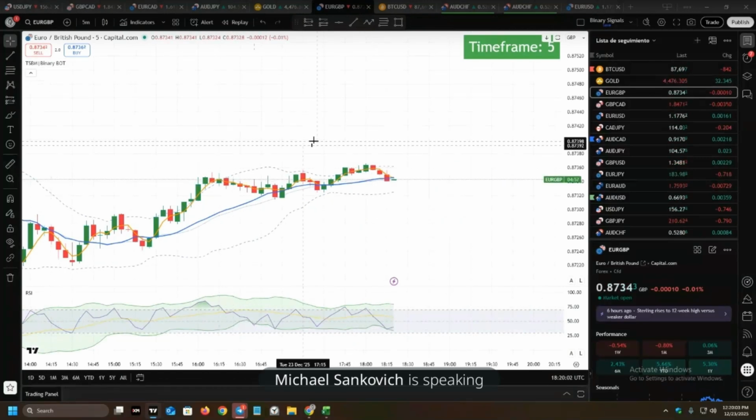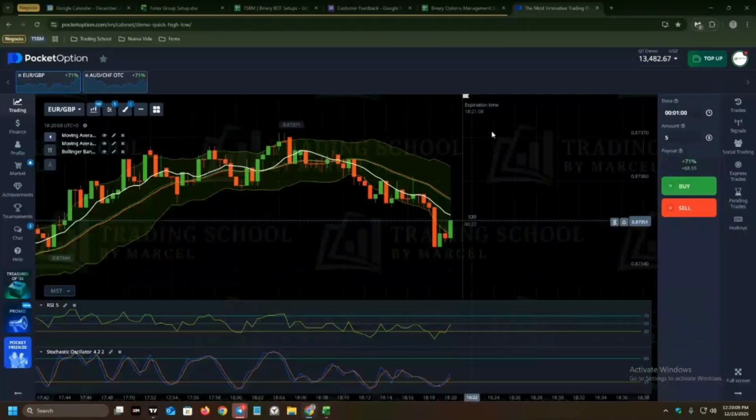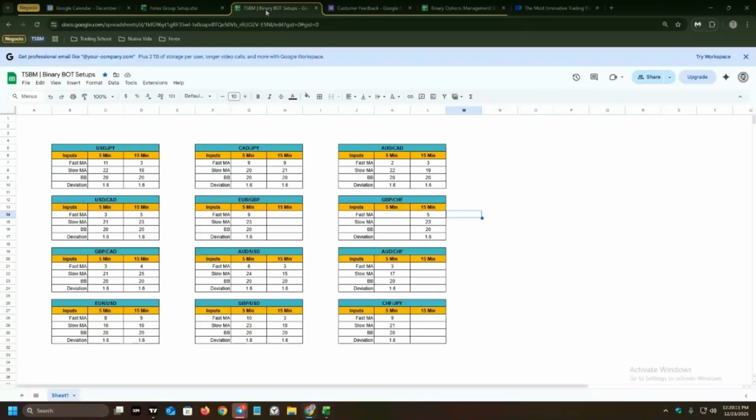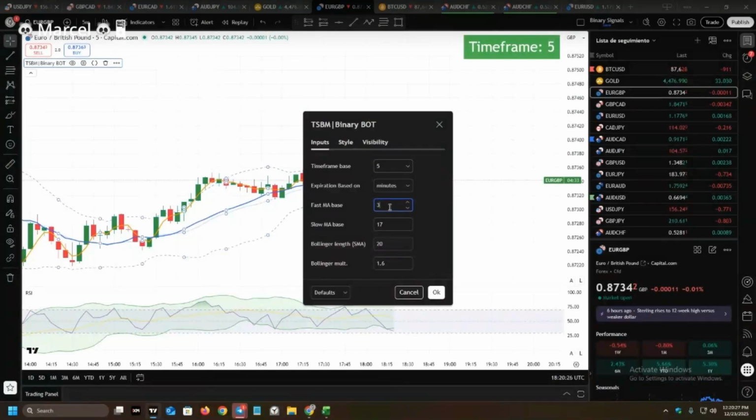To have Euro GBP, we have one in 5 minutes. It says 923 and 21.6. Okay, so 923 and 23. Right now we're not going to touch the baseline, just to check how the market is running.